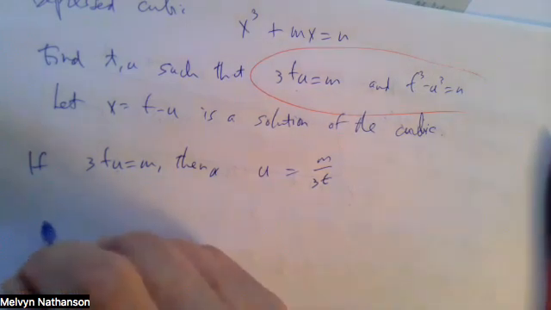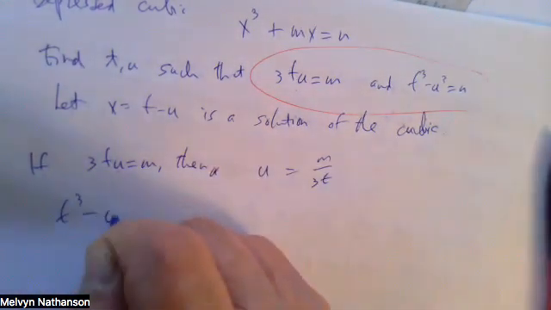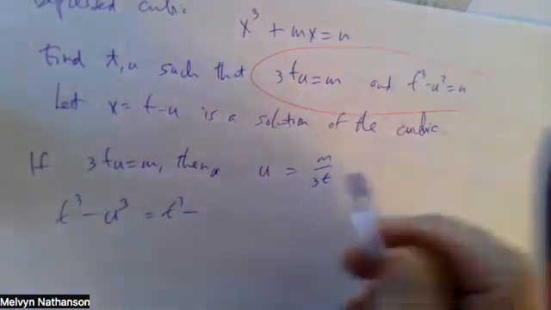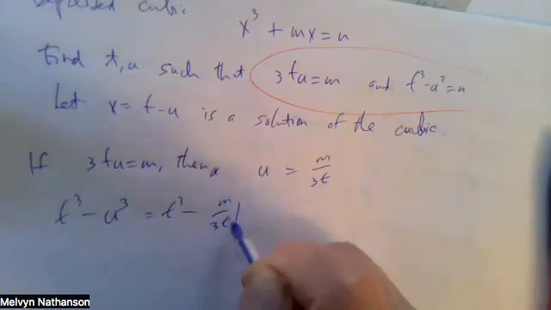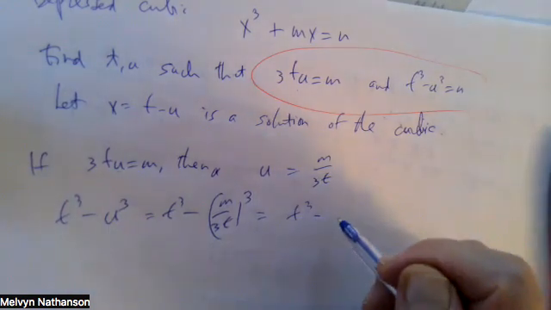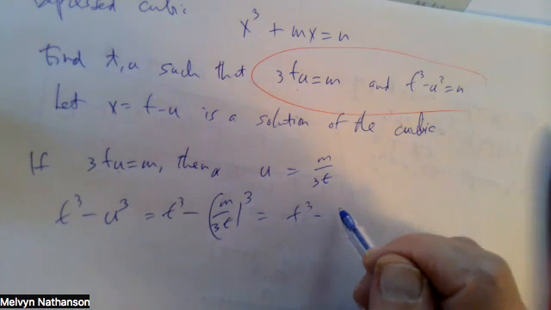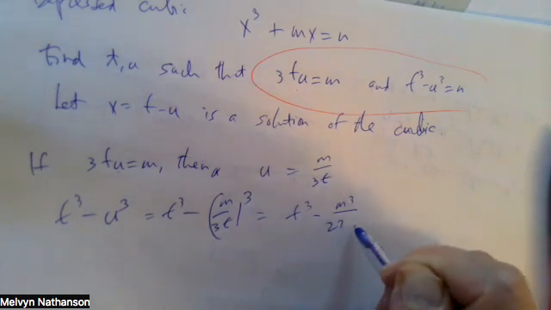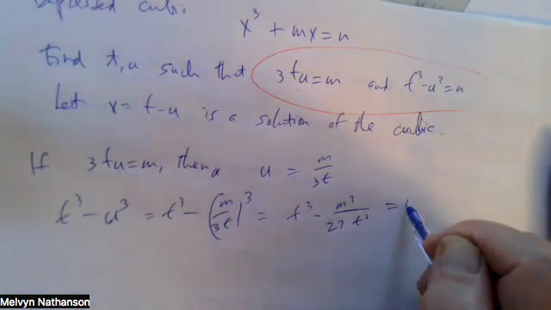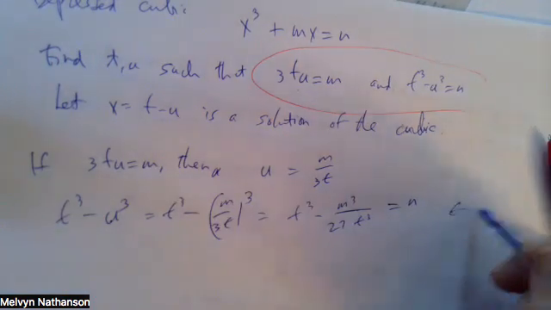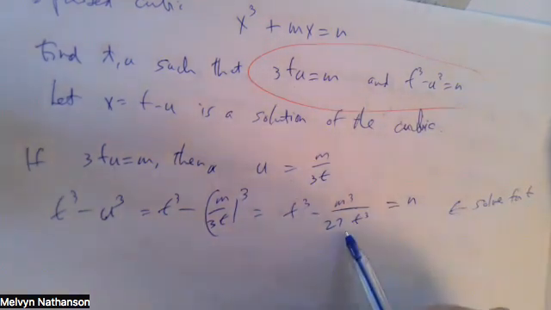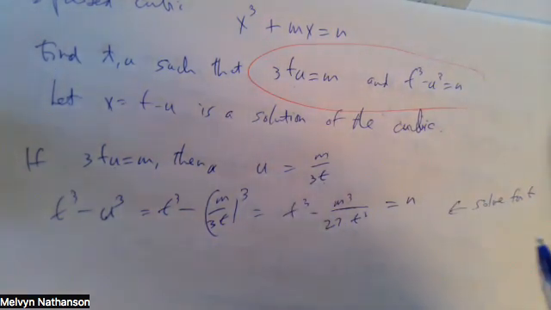So then t cubed minus u cubed is t cubed minus (m over 3t) cubed, which is t cubed minus m cubed over 27t cubed, and t cubed minus u cubed has to equal n. So if we can solve this for t, then from t we get u and we're done.